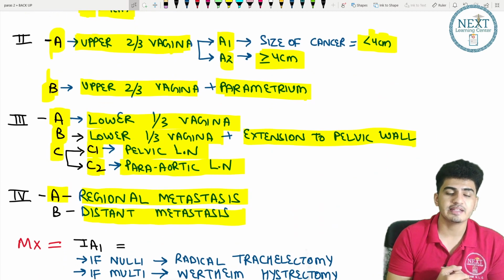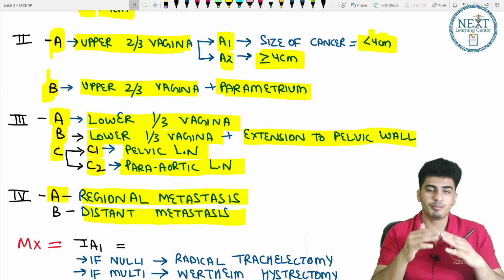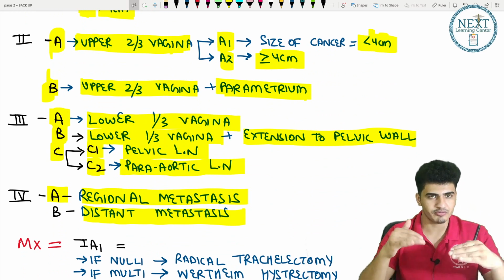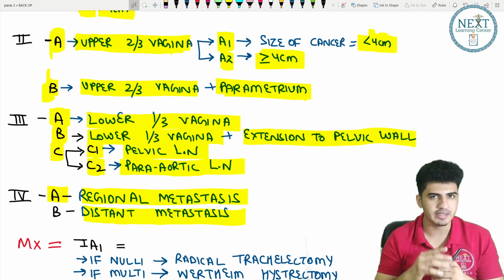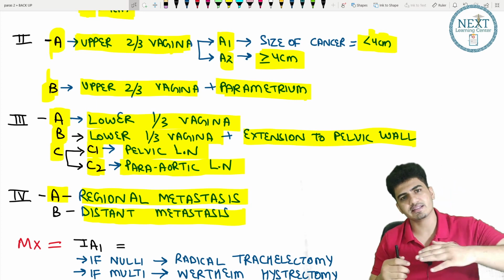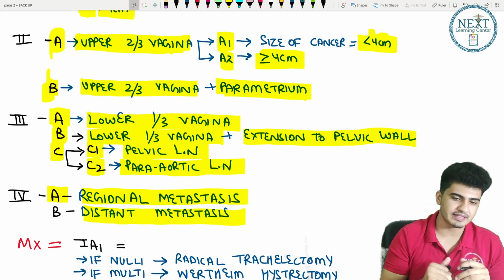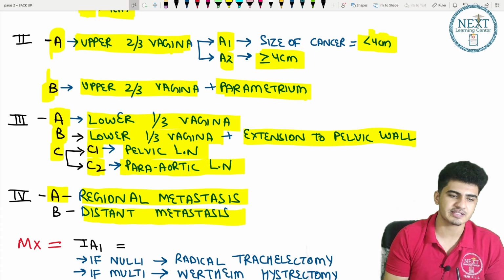Then stage 2A and 2B, both with upper two-third of vagina involved. A is divided into A1 and A2: size of cancer less than 4 centimeter in A1, more than 4 centimeter in A2. Rest everything is same.